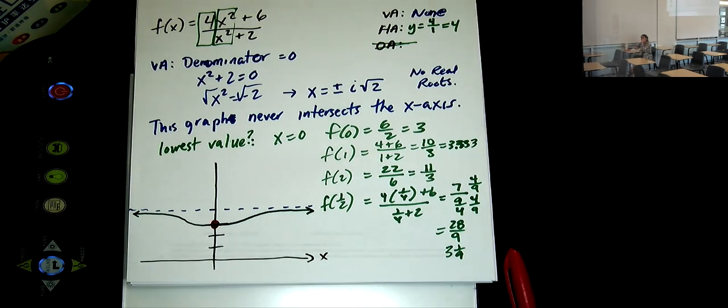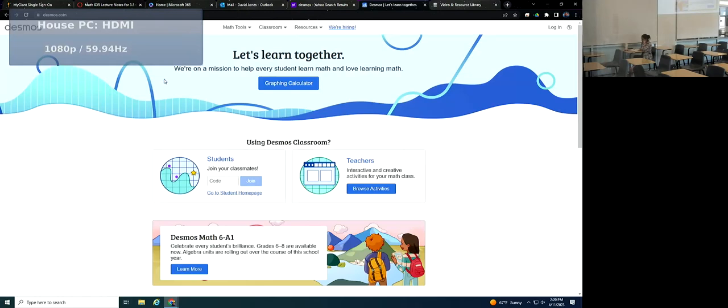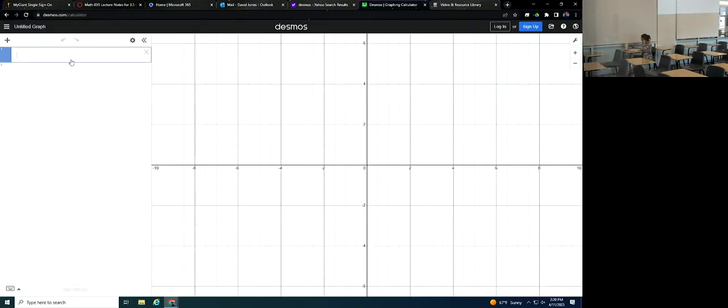Let's take a look at this on Desmos. Let's see what Desmos says. I've got 4x squared plus 6 divided by... Ooh.